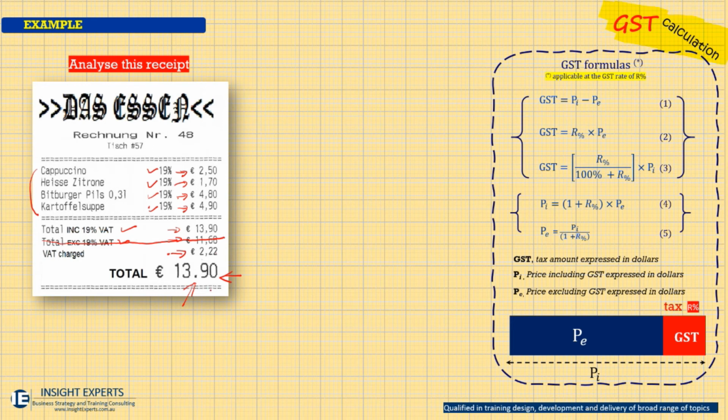If you do it at the total level here, and this is the price, including VAT, or including GST, and from formula number 3, the VAT amount is equal to 19 over 119 times 13.90, and the answer is 2.22, which is the answer here.